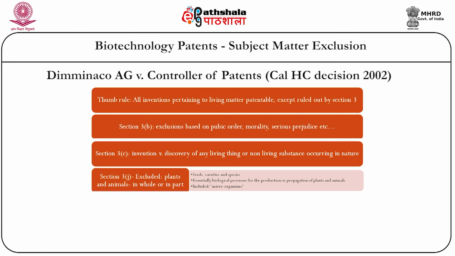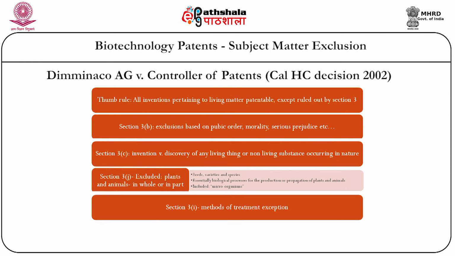Now, the scope of microorganisms is highly contentious, whether it includes certain kind of genetically modified organisms, and to what extent does it extend to higher life forms. Secondly, whether it could also include viruses, whether they are living, non-living. How do we actually interpret the term microorganisms is highly contentious.